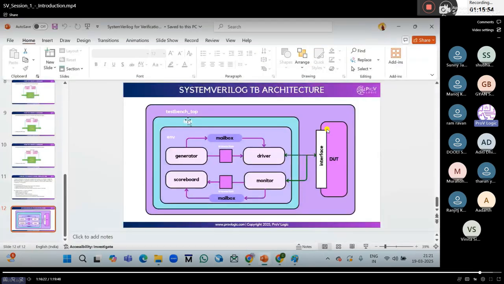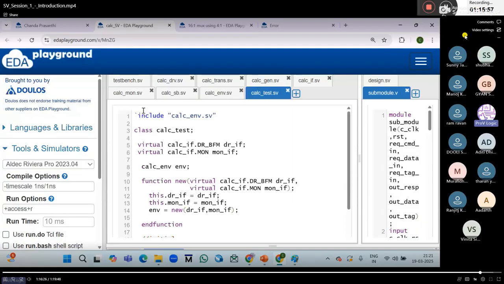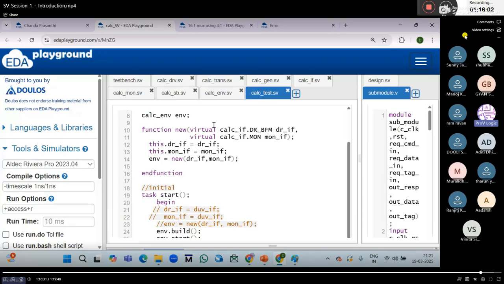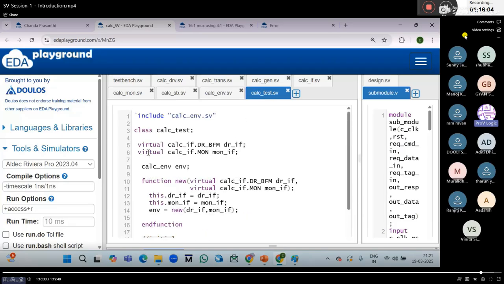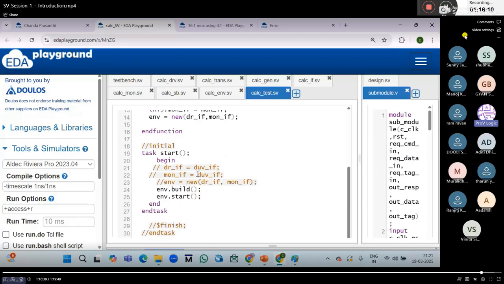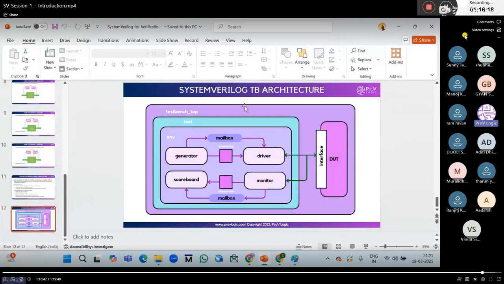Tester. In the tester, we run the environment. So include the environment here, first line. In the tester, line 8, we create the environment instance and call the environment task. And what is the test bench top? This tester and interface both are connected in the test bench top.